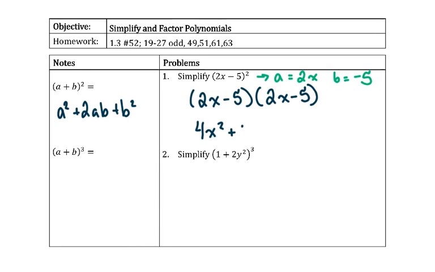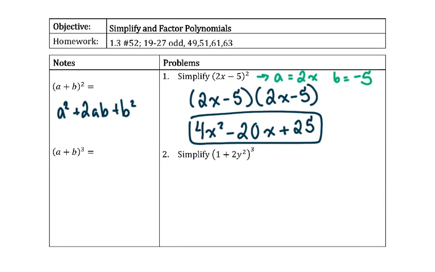So you can write it all the way out, 2 times 2x times -5, which can simplify to 2 times -10x, or all the way down to -20x, and then b squared, -5 times -5 is +25. So it's just a little trick to make it go a little faster.